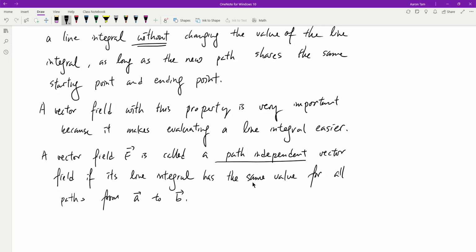If you can evaluate every single line integral within this vector field, as long as they all go from A to B, they all have the same exact value.